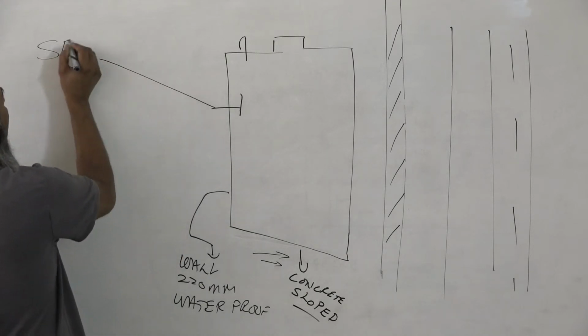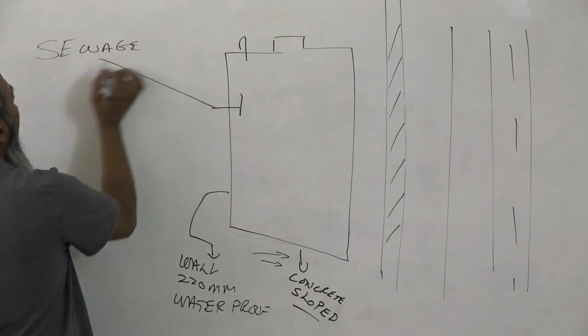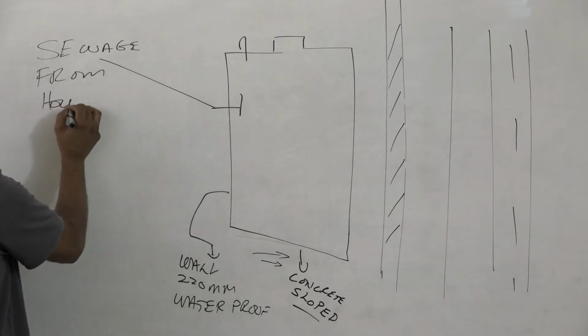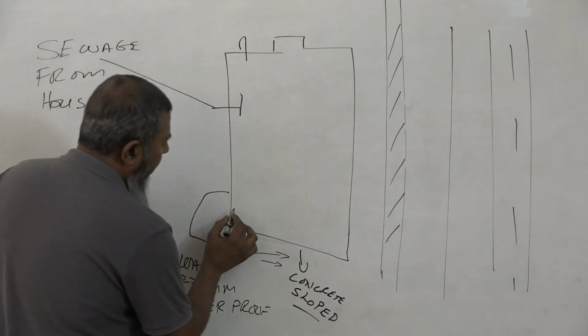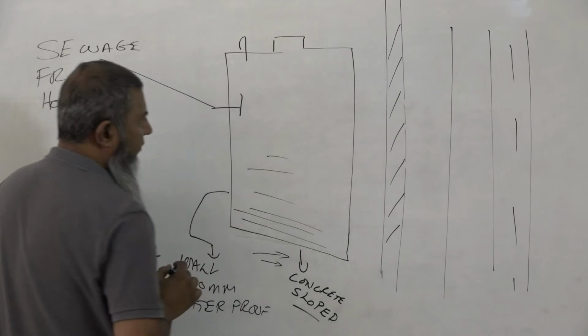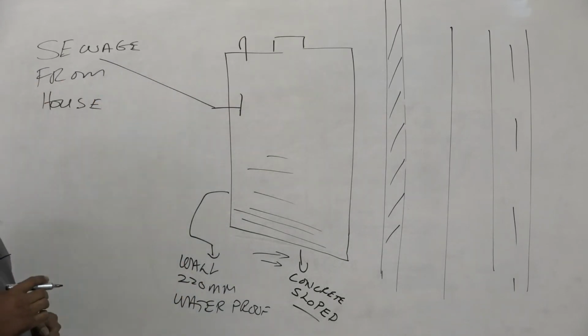This is your sewer from the house. Everything starts settling at the bottom and rising. Manhole is there in the event we need to throw in some chemicals to aid the decomposition.